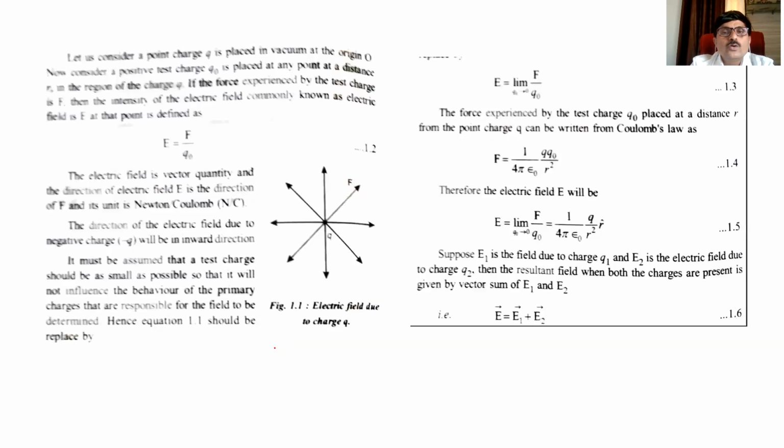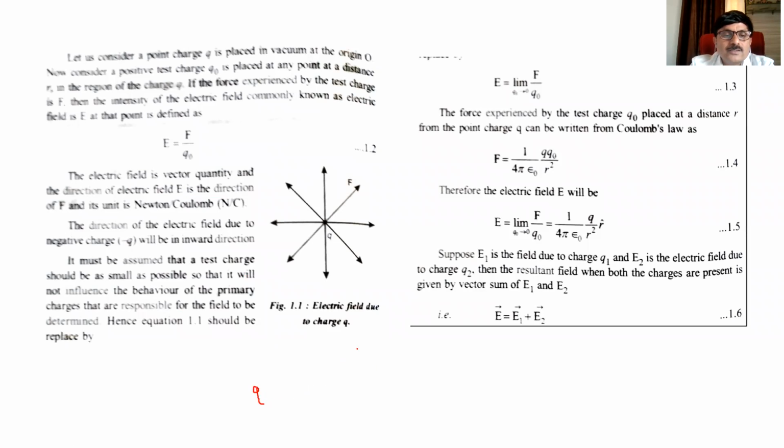Now we will discuss some definitions. First of all, we have to define the electric field. So we know that if you consider this is a charge Q, then obviously this charge has an electric field.